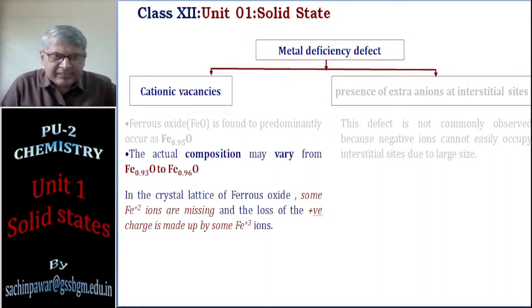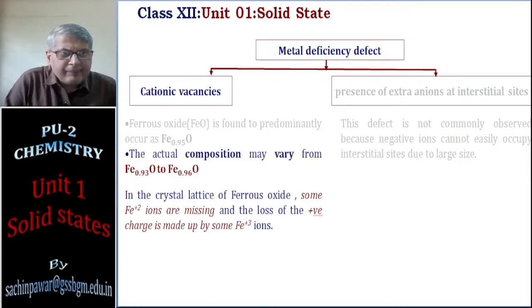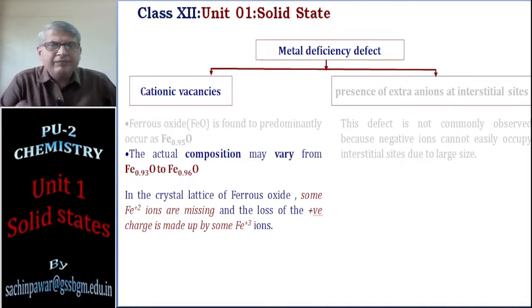So to compensate that, one of the neighboring cations will lose one electron and become Fe plus 3. One Fe plus 2 goes, and one Fe plus 2 becomes one Fe plus 3.